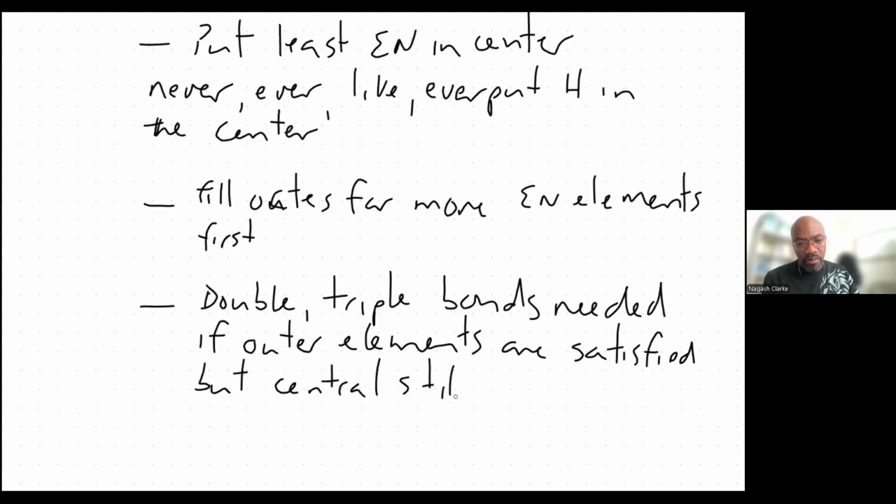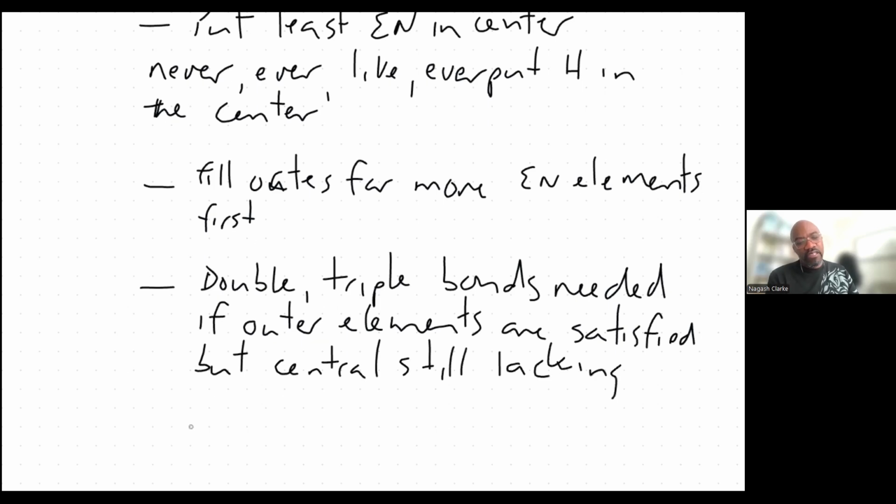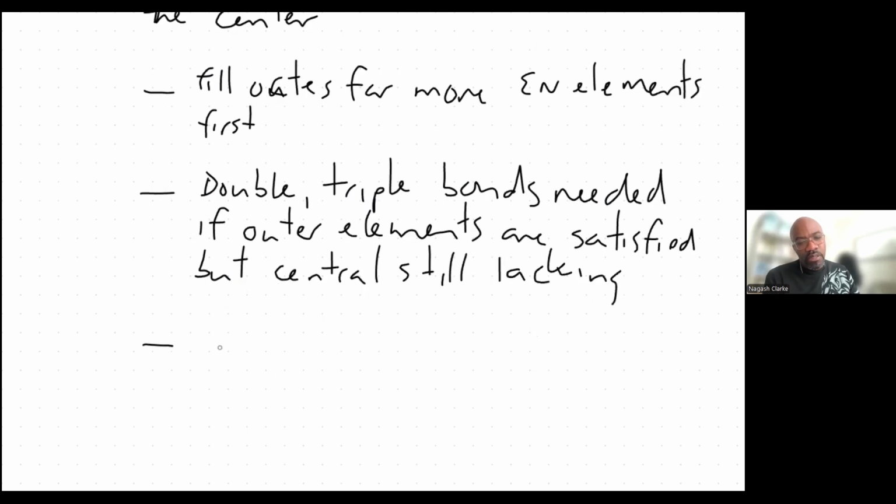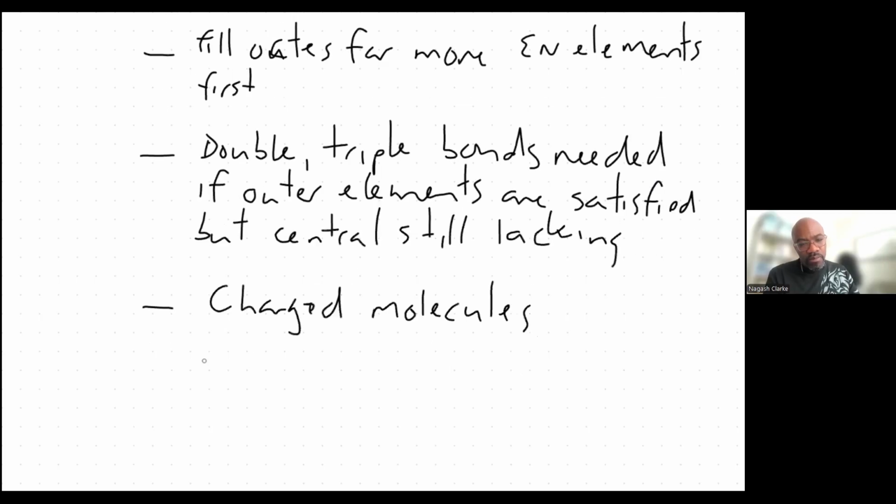We'll look at some examples. And for charged molecules, like your polyatomic ions, if it's negative, add to the valence sum. If it's positive, subtract.